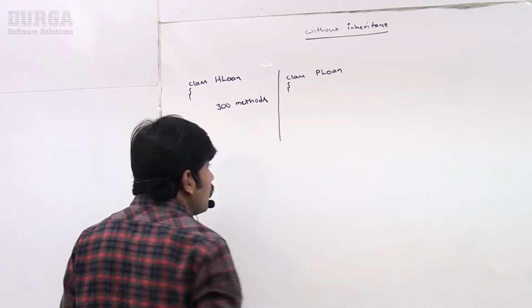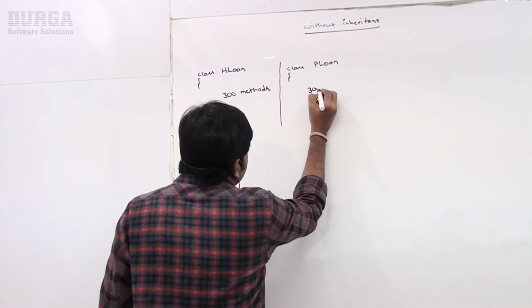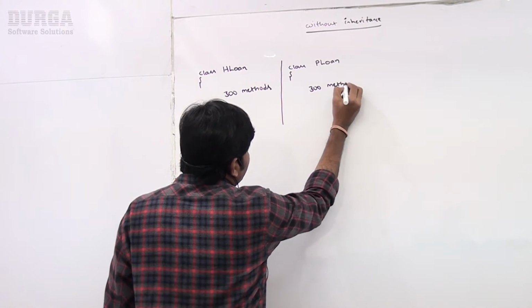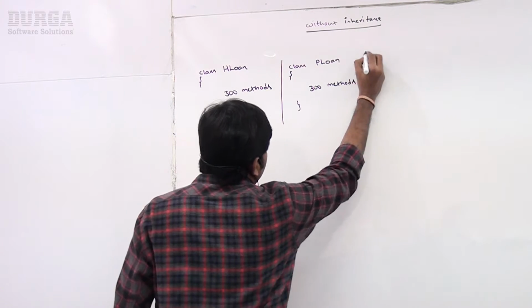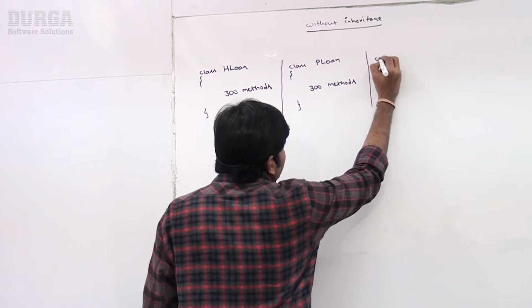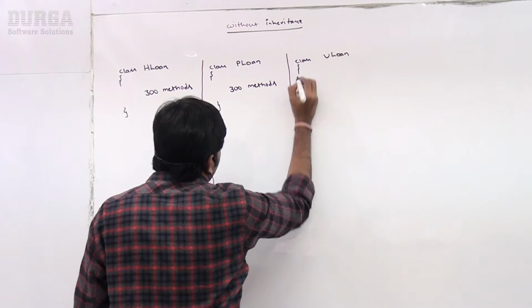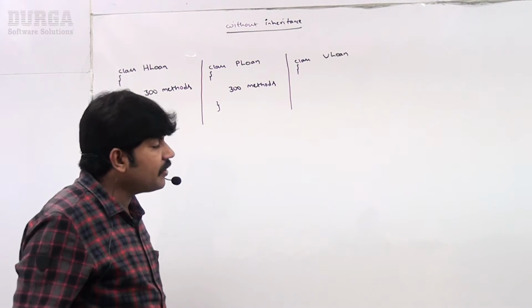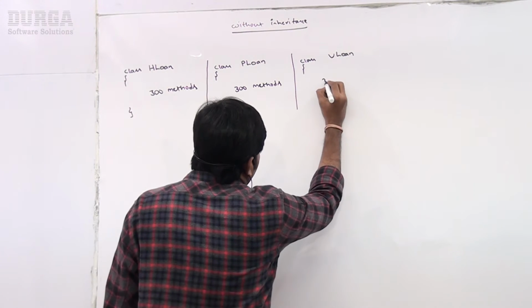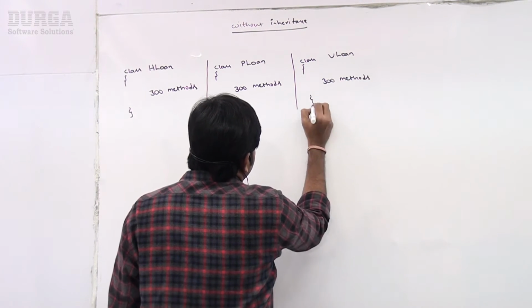Related to personal loan also, another 300 methods are there. I wrote all those things in this. Now there is a class VehicleLoan, a vehicle car loan or bike loan. So this vehicle loan also requires 300 methods, sir.